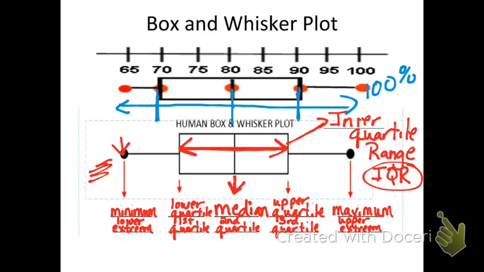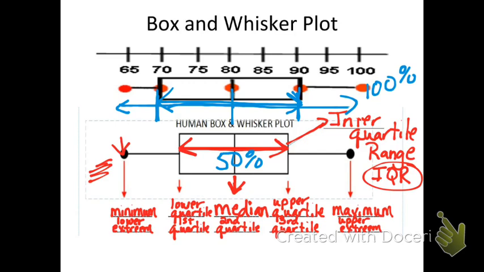So if that's the case, the interquartile range, or the distance between here and here, is 50% of the data. You need to know that. The interquartile range represents 50% of the data. So if this is 50%, there's another 25 here, another 25 there.